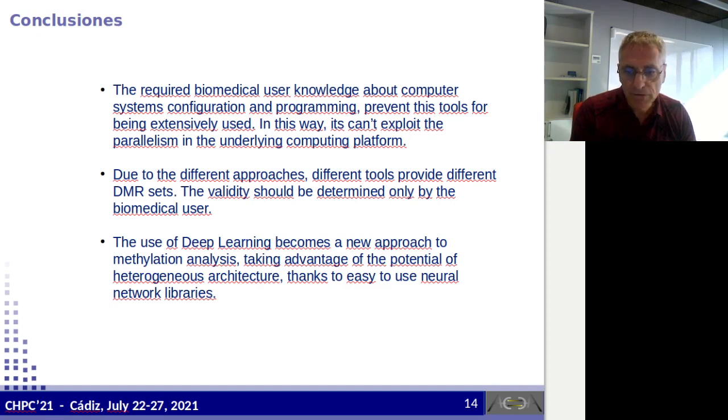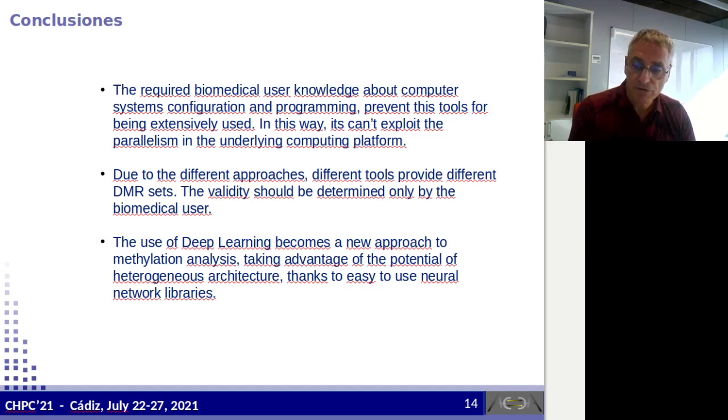Most of the tools designed for DMR detection are based on statistical tools that are R packages. The common feature of all these tools is that they only use the underlying platform as far as the R applications do. Therefore, we can state that they only take limited advantage of the potential parallelism of the underlying platform.